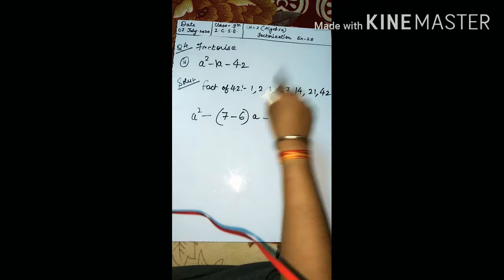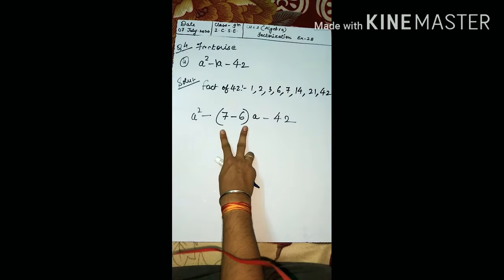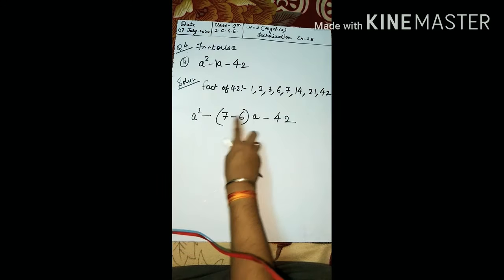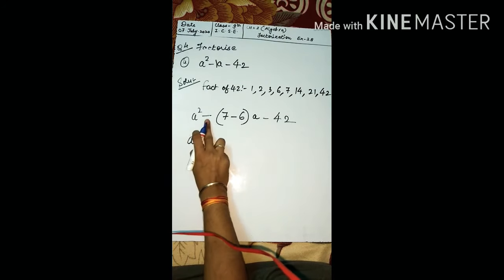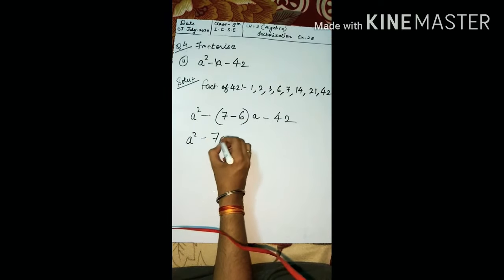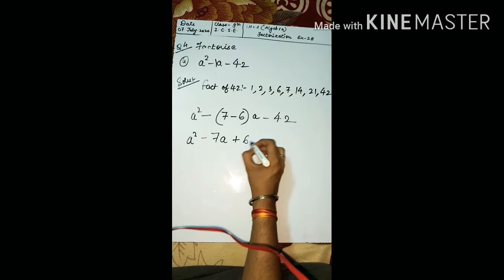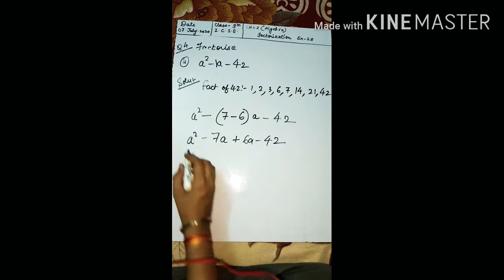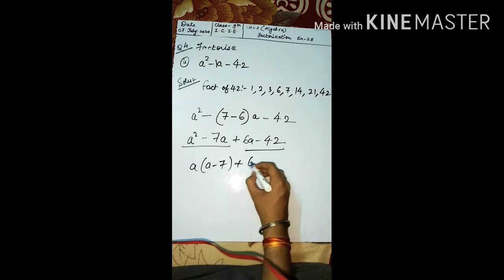We need to subtract it. So 7 minus 6 is the only possible way to get 1. Now multiply this a inside, and don't forget this minus sign. When this minus a will go inside, so minus of 7a plus minus minus plus of 6a minus 42. Now from these two you take a common, from these two you take 6 common.